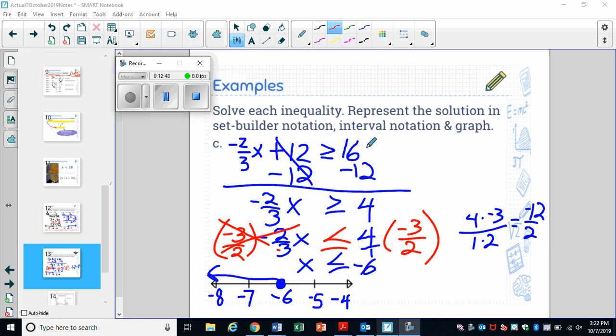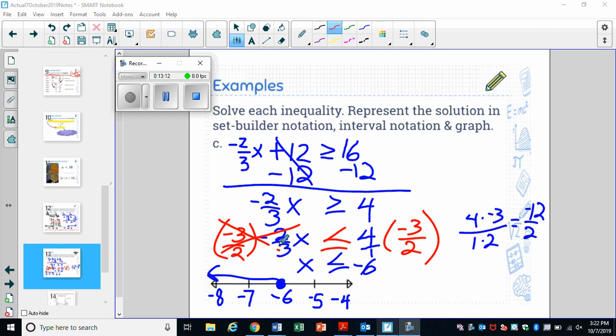This third problem we did in class, again, we started by subtracting 12 on both sides. Then our next step was we multiplied both sides of the inequality by the reciprocal of -2/3, which is -3/2.